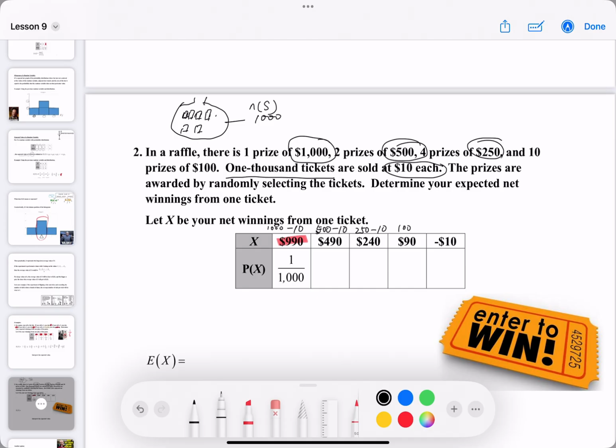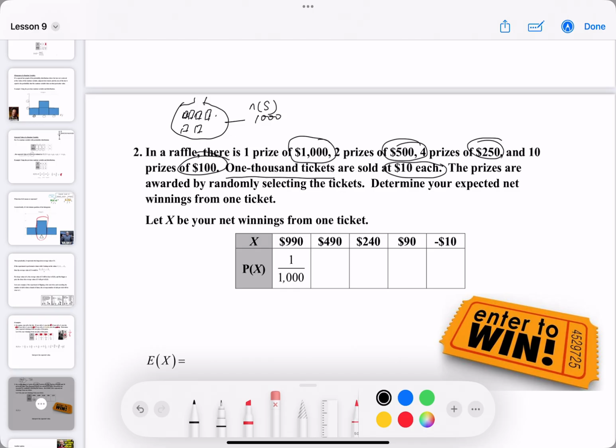And then if I win the $100 prize, I still need to spend $10, so totally I can win $90. And the last one is I may lose $10 for buying the ticket, but I win nothing. So the last one is negative $10 because I didn't get any of the prizes.